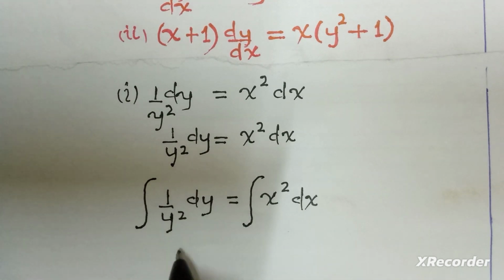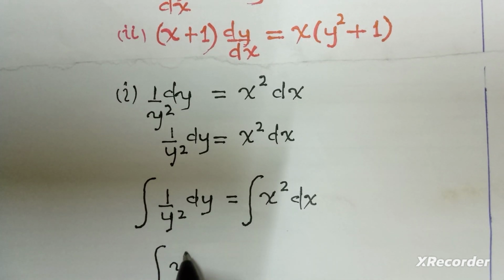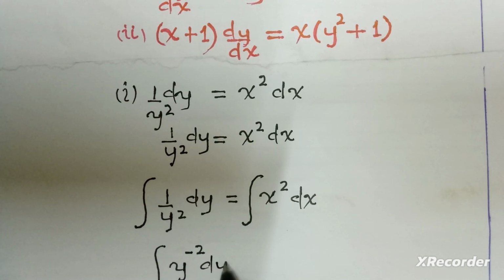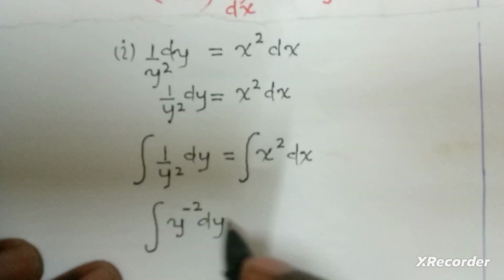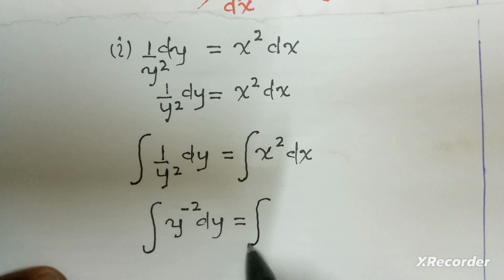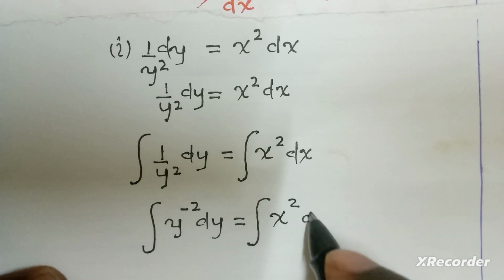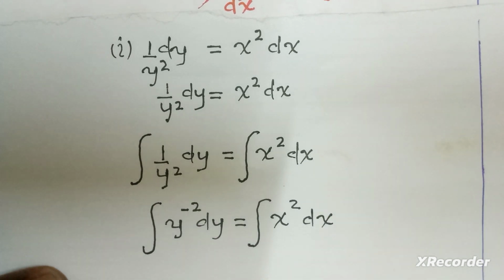You can bring y to the upper side, so that now you shall have the integral of y raised to -2 dy equals the integral of x squared dx, like that.